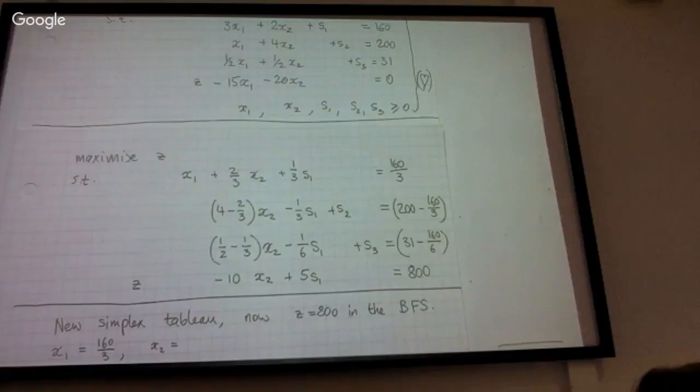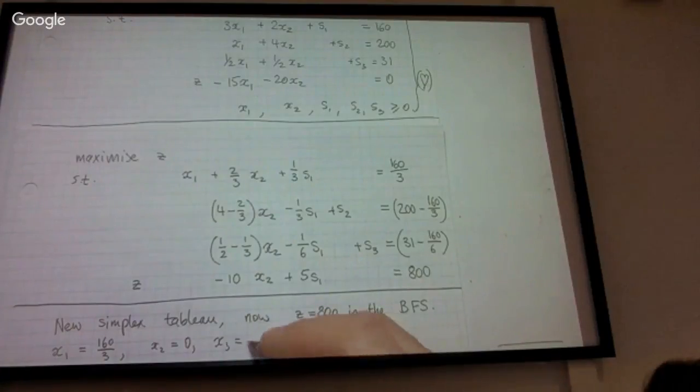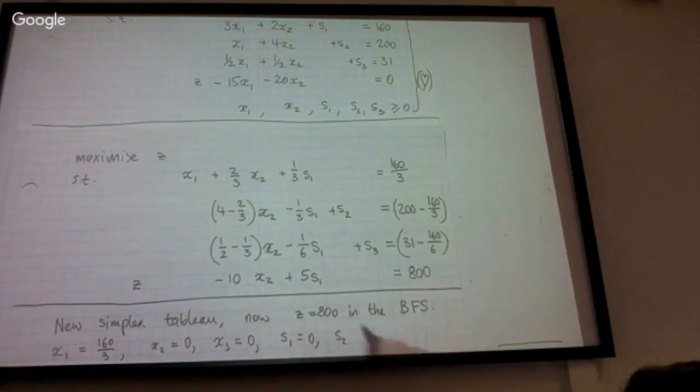No, so its value is 0. X3? Is X3 in the basis? So its value is? Yeah. And then we've got S1. Is S1 in the basis? No. S2, is S2 in the basis? Yes. Now, it was your implicit homework to work out what 200 take away 160 thirds is.